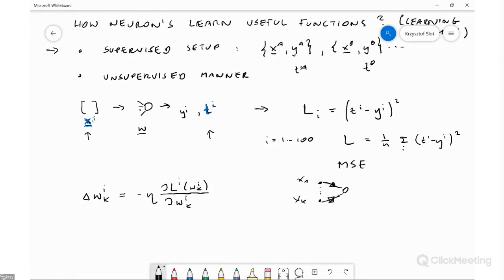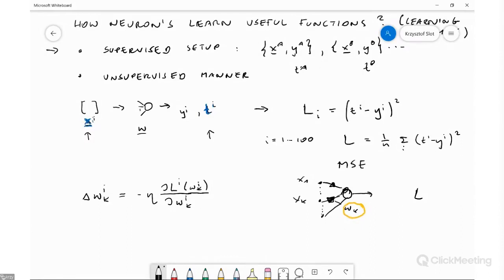The weight that I'm interested in right now is here, wk, and there will be more up to n. I'm interested in figuring out how to improve the performance of a neuron. I know that L measures performance, and a lower value of L means better, so I want to minimize this function.